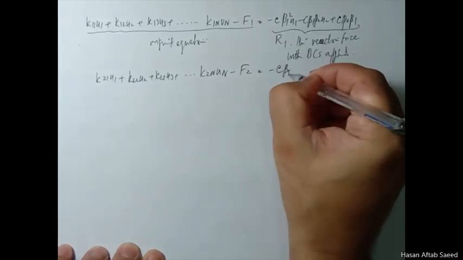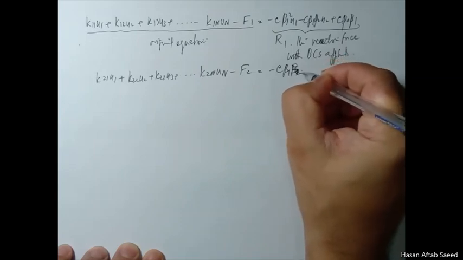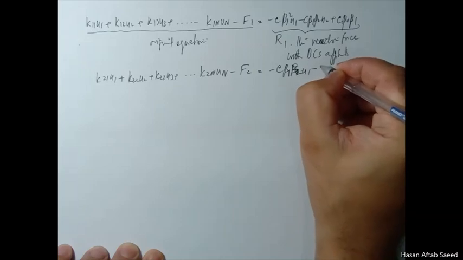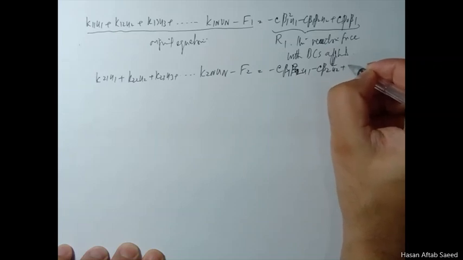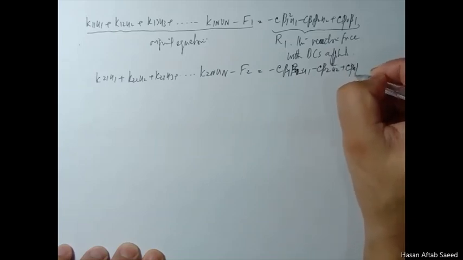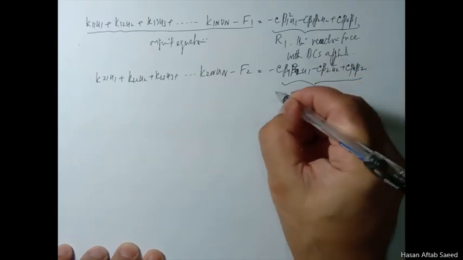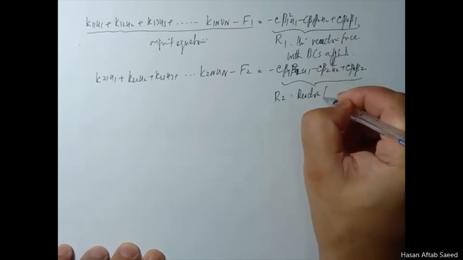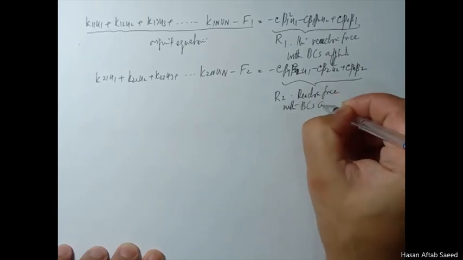This will be similar in shape: minus c beta 1 beta 2 u1 minus c beta 2 square u2 plus c beta naught beta 2. Now this one, by the same process, is nothing but R2, the reaction force with boundary conditions applied.